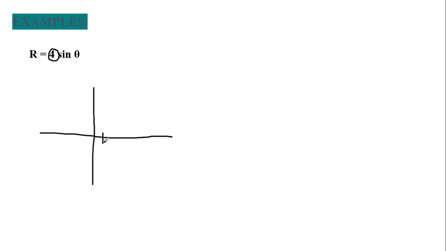So 1, 2, 3, 4. And let's say our a is 4, then half of a is 2. So we can travel 2 units up and 2 units down.